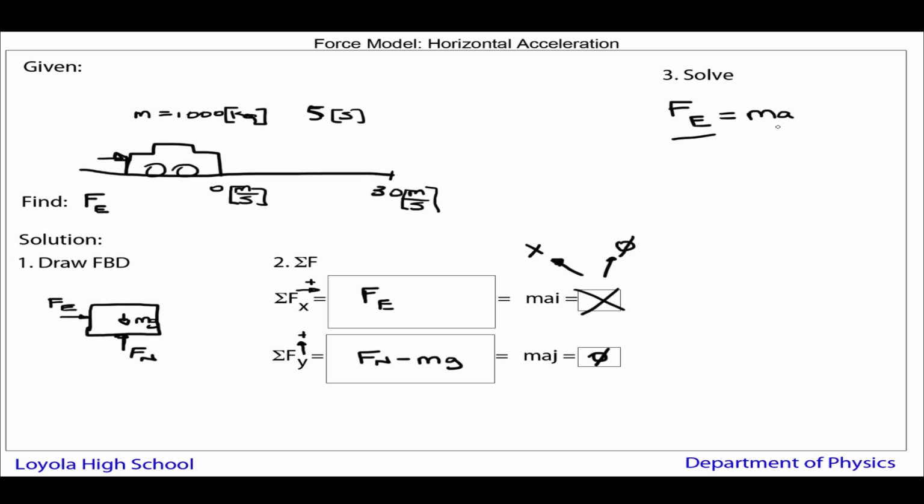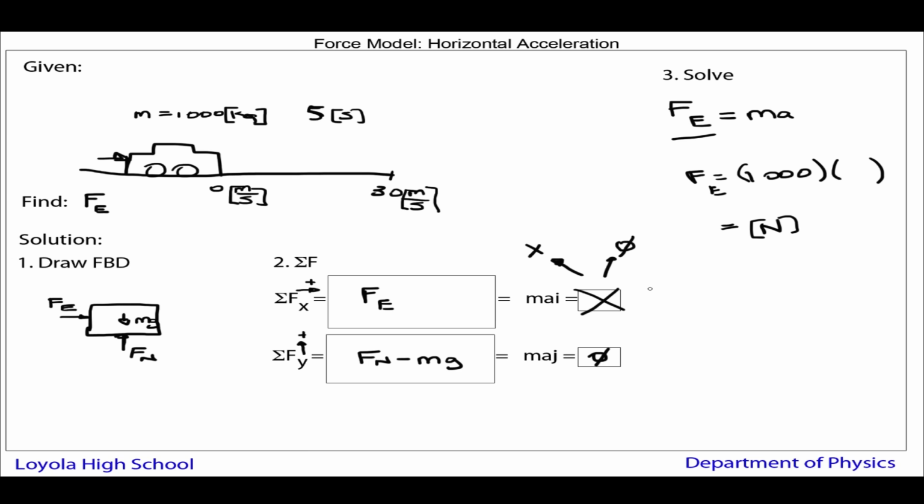Once you know the acceleration, then you can say Fe is equal to 1,000, because that's the mass of the car, times the acceleration you find from the kinematics model. That's kind of typical because force, velocity and acceleration are related. And you'll get so many newtons of force acting on the object.